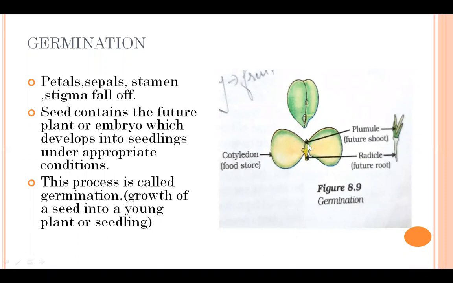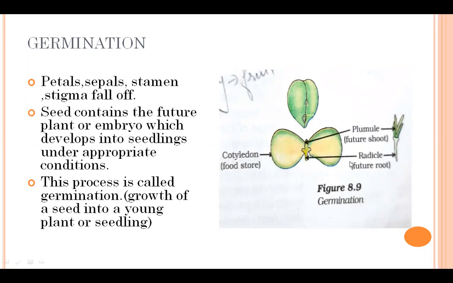These two structures are very important. Listen very carefully. The upper structure is called plumule. It is known as the future shoot, meaning it will give you leaves and flowers in future. The part which will grow down into the soil and form future roots is called radicle.